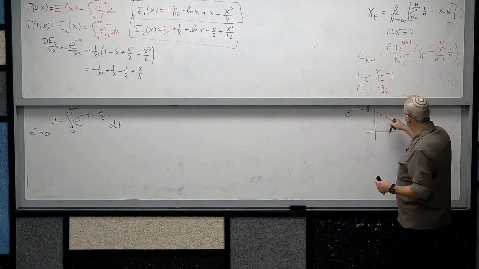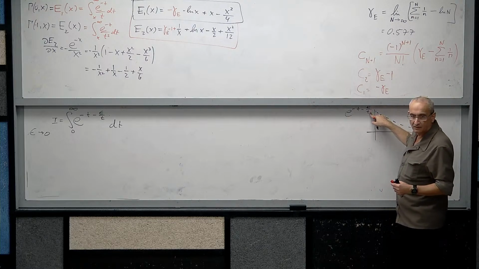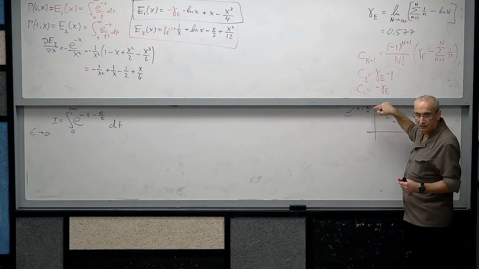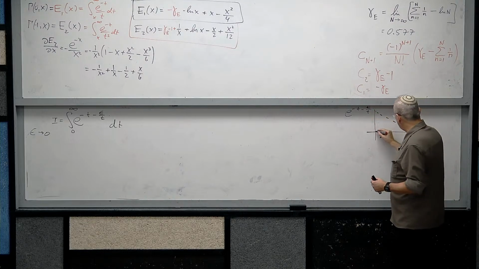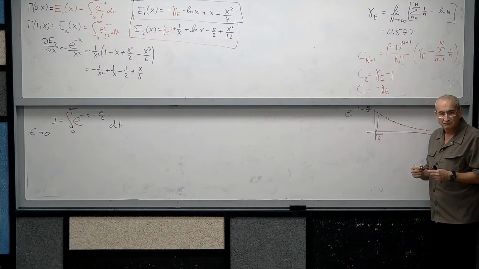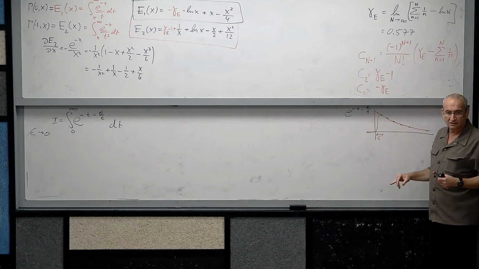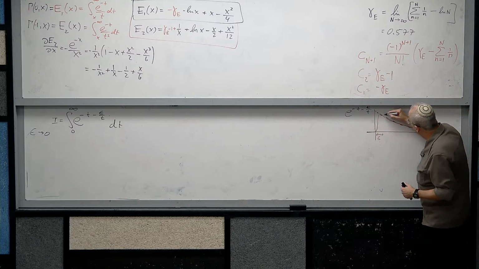In this case, if t is much smaller than epsilon, then I have here a huge number, and it will go to 0. So I have something like that, where this is essentially epsilon, more or less.